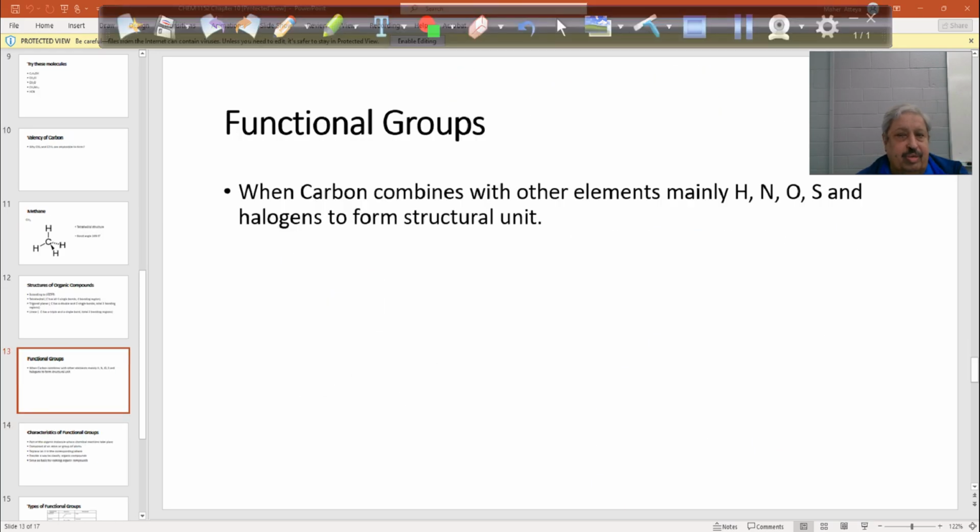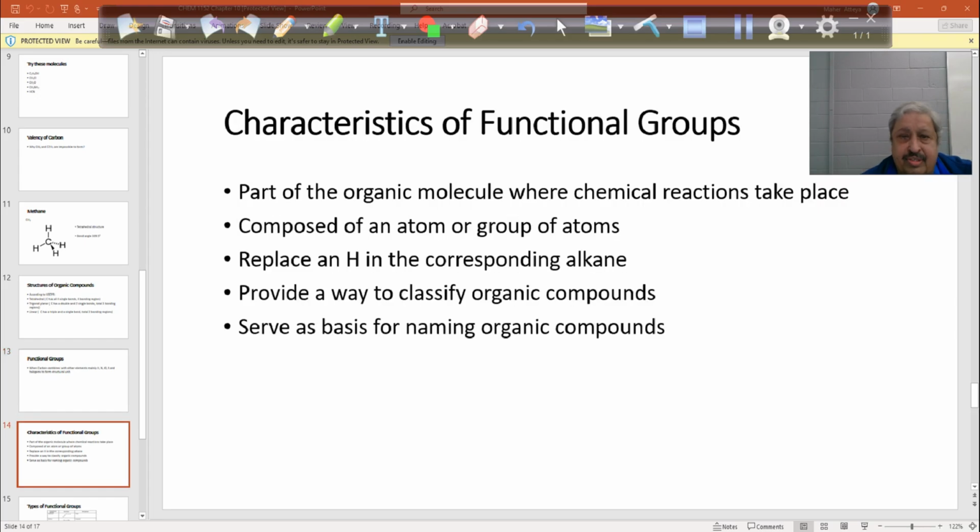Let me take this one out. Functional groups, we talked about functional groups. Those can be halogens, nitrogen, oxygen, sulfur, whatever. As I said, those functional groups, when attached to a skeleton, give characteristic properties. Skeleton means the backbone of the structure, for example an alkane, A-N-E.